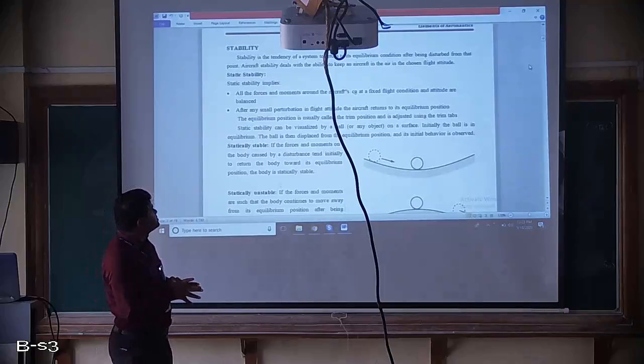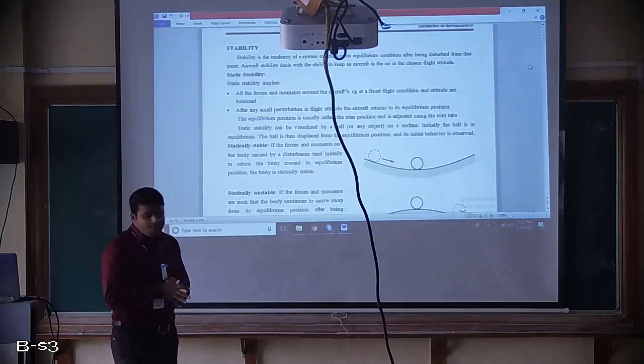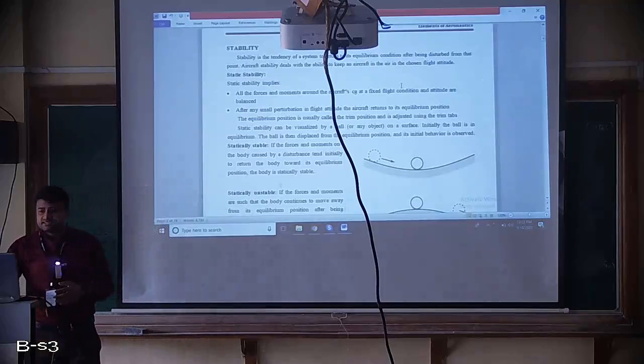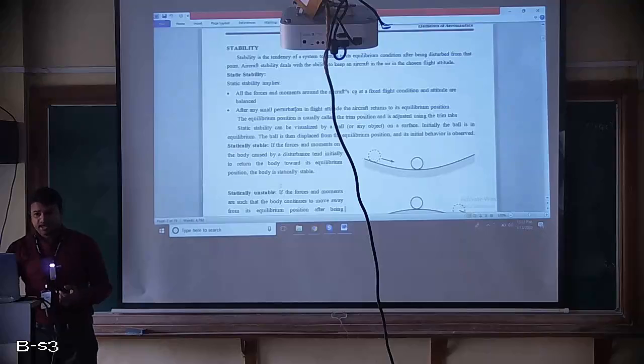So here we can say static stability implies what? Static stability implies all the forces and movements around the aircraft's CG at a fixed flight condition and attitude are balanced. Okay, and after any small perturbation in flight attitude, the aircraft returns to its equilibrium position.